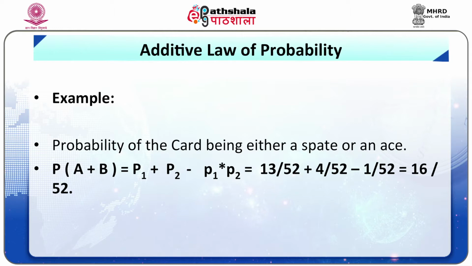Thus, the probability of either A or B occurring is 13 upon 52 plus 4 upon 52, the probability of their individual occurrence, minus the probability of their joint occurrence, which is 1 upon 52, and the sum of the expression comes out to be 15 upon 52.